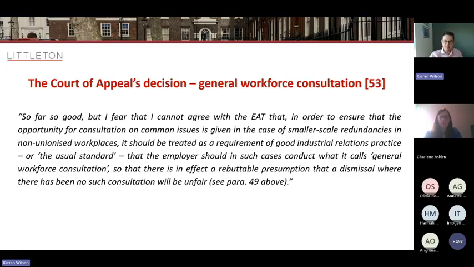First of all, it seemed as if the EAT had been seeking to remove the dichotomy between redundancy situations where collective consultation was required, either with employee representatives under TULRCA or a trade union, and where it wasn't. But he said that those two situations were fundamentally different, because in the former scenario, there is someone specifically appointed to, and who can be treated as, expressing the view of the workforce.